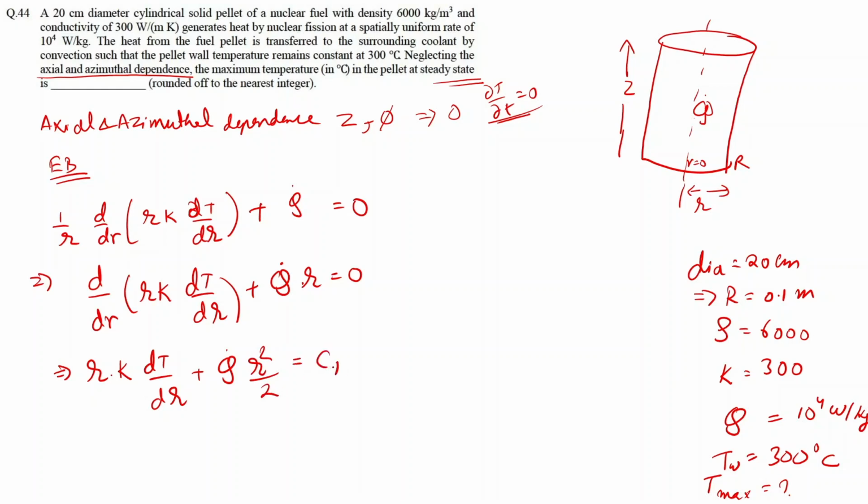Now let's just find the value of C1. At r equal to 0, that is at the center, we can put the value of r equal to 0. So this will become 0 plus Q dot into 0 is equal to C1. So that implies that C1 will be equal to 0.